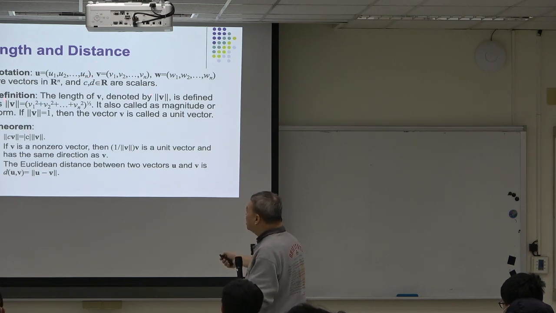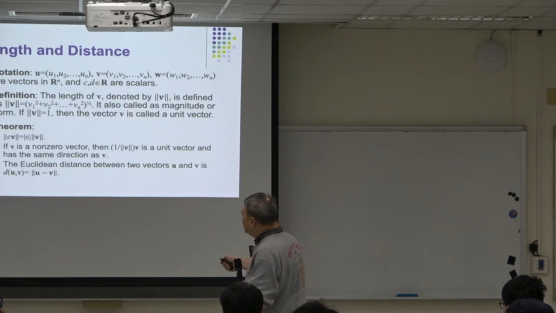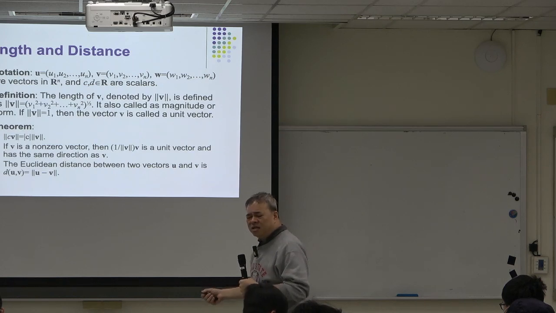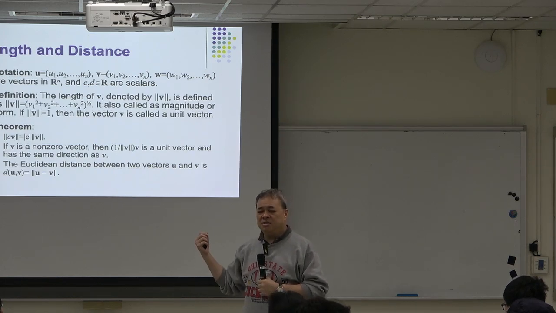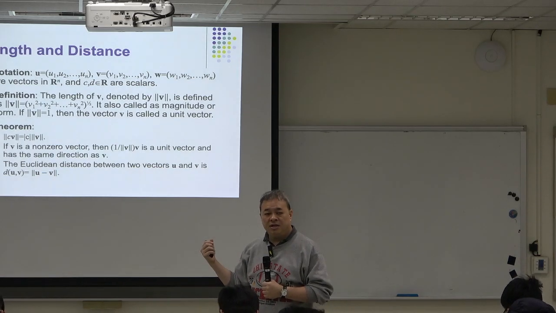First definition: the length of V, which we denote like this, is defined as V1 squared plus V2 squared plus and so on, plus Vn squared, and then the square root of that. I think you learned this in junior high or high school, right?